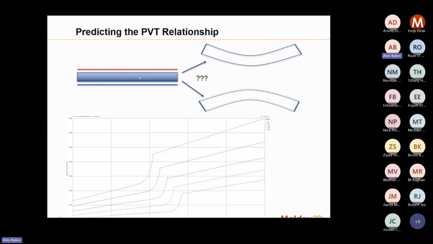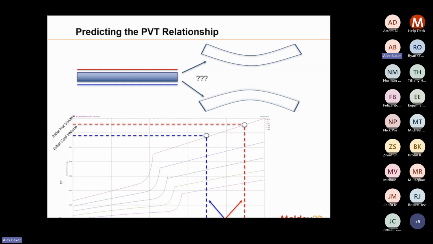All right, if I have two different temperatures on the cavity and core side of my part, that's going to correlate to two different points on this zero pressure curve. And if I draw the arrow over to our volume, that's going to correlate to two different starting volumes for the material in those locations respectively. Ultimately, the part that we're molding will equilibrate down to room temperature.